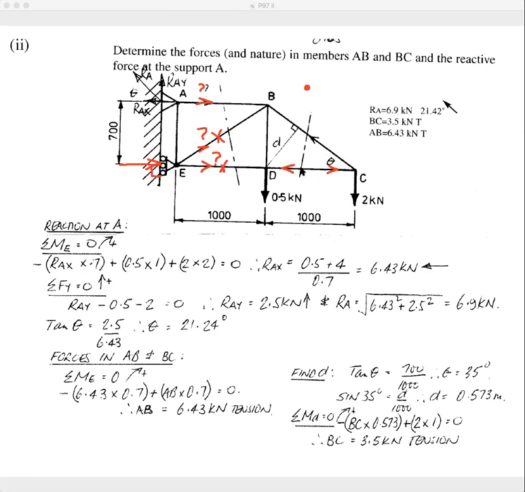And so this part of the truss here is the one that is left out in space, and you've got to apply forces. I'll just get rid of these here because we're not sure about those.